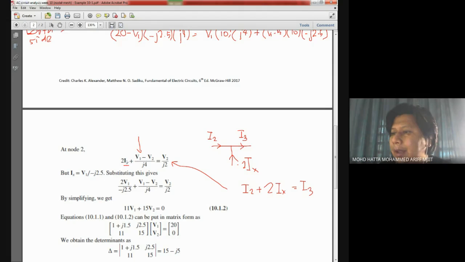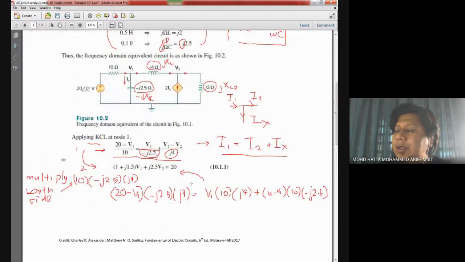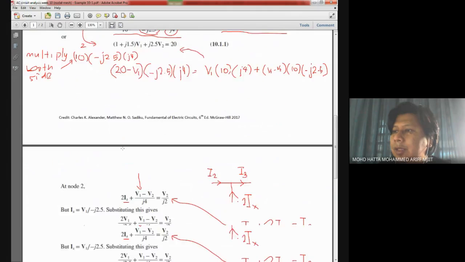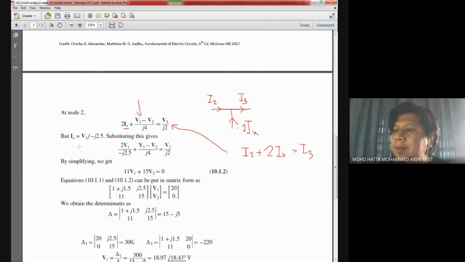So here we have Ix, where we need the definition of Ix in terms of voltage. According to the circuit over here, Ix is the current flowing through this capacitor, and the current is given by V1 divided by negative j2.5. That's why Ix is substituted into this equation.